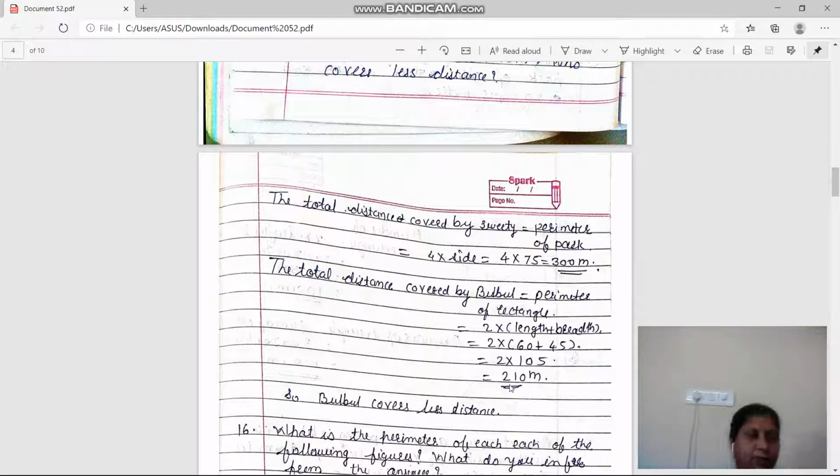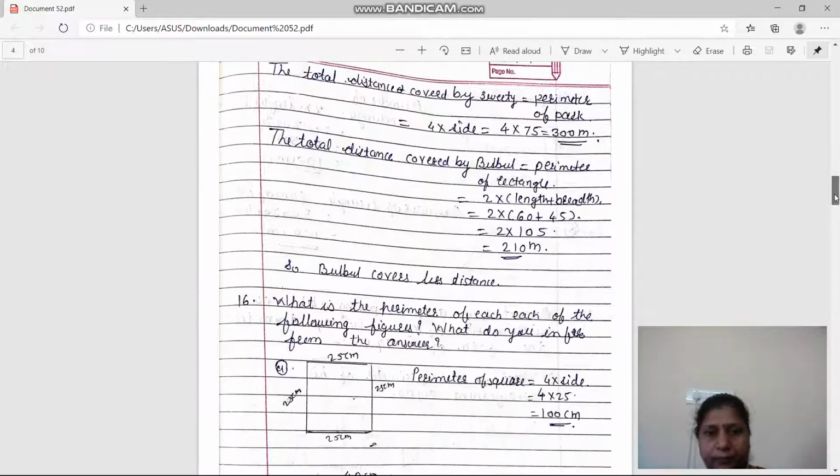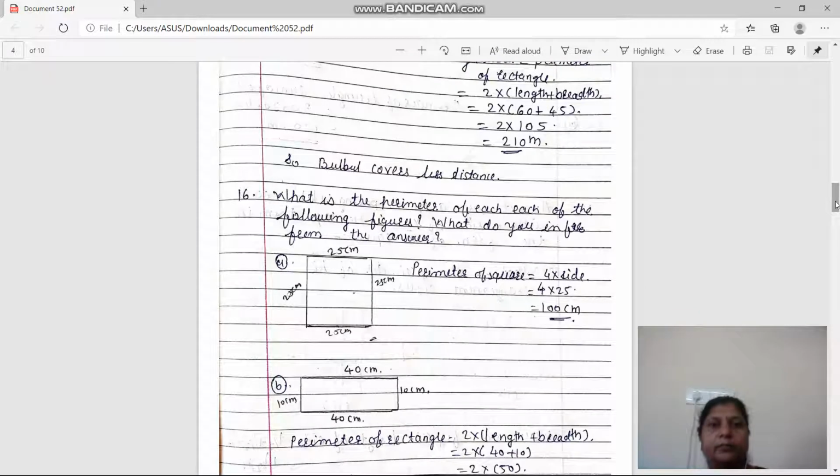Okay, now we will see the next example, that is 16th example. What is the perimeter of each of the following figure? What do you infer from the answer? So first of all we see the perimeter of each figure.